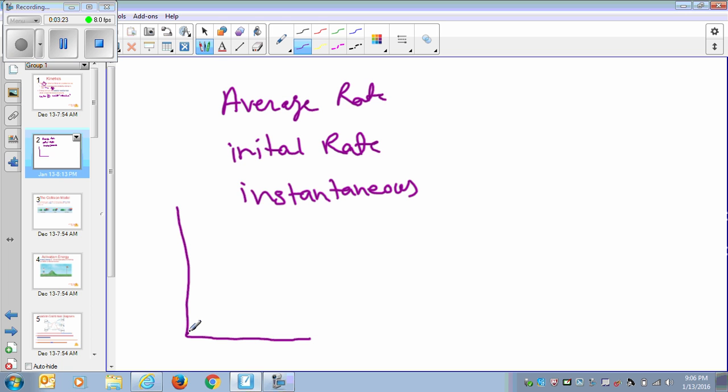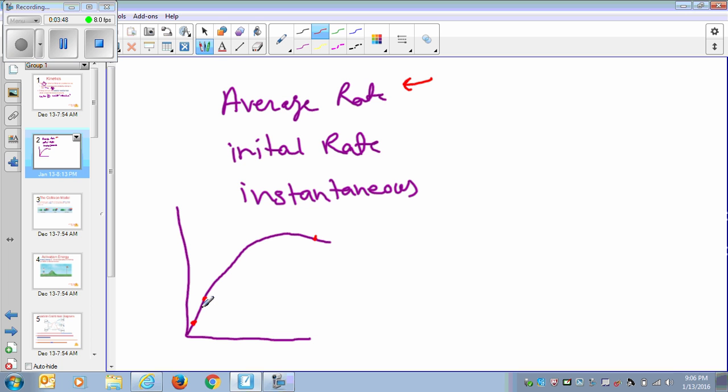I have some reactants that are changing into products. If I calculate the rate right here, this is the initial rate of reaction. Right here it is somewhere in the middle, then here it is towards the end of the reaction, and if I take the average of these, that will be the average rate of reaction.